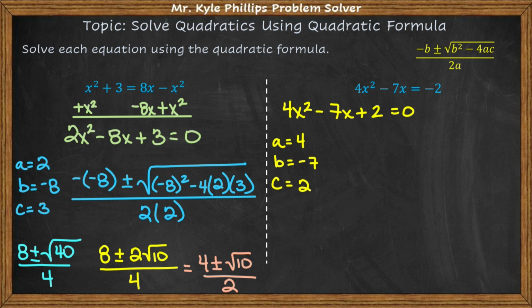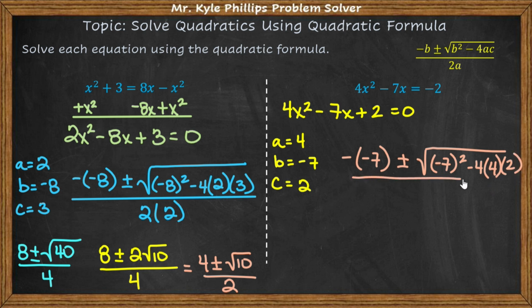So I have negative times negative 7 plus or minus the square root of negative 7 squared minus 4 times a times c, and this is all over 2 times a. So here we'll simplify this.